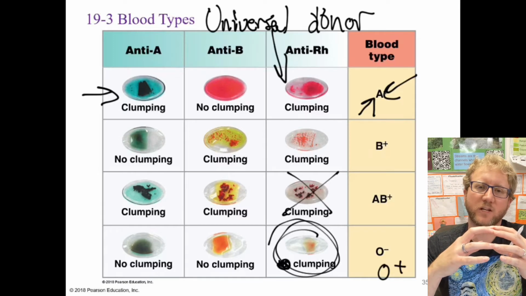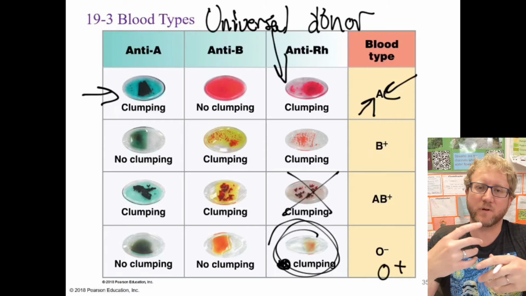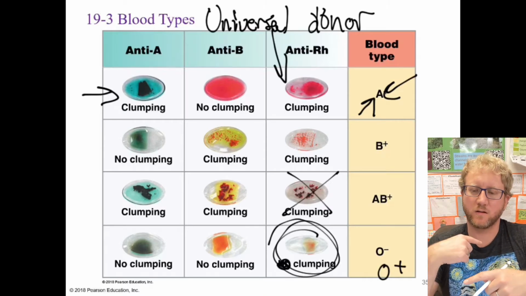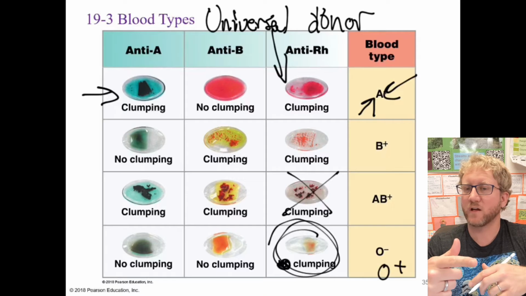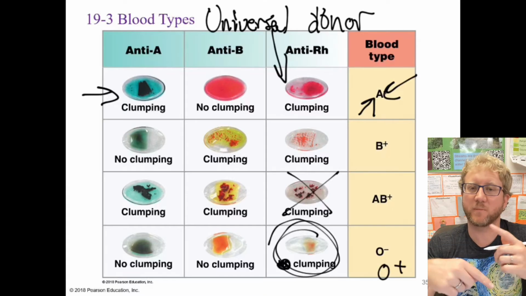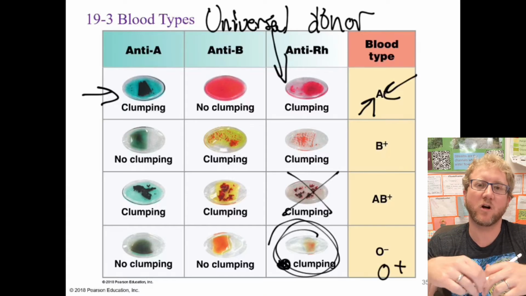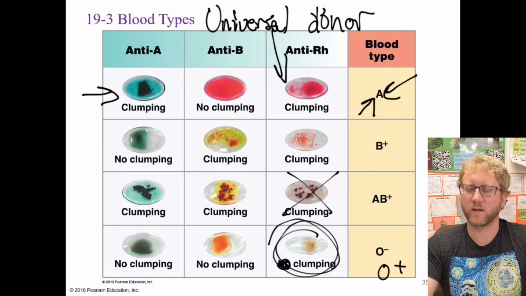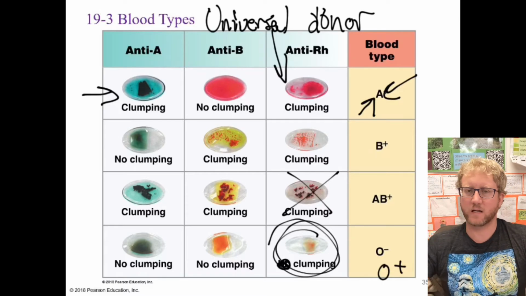So if you are AB, you can receive from everybody, but donating is really tricky. A person who's O negative can only receive from somebody who's O negative because they have all the antibodies looking for everything. So it makes things kind of complicated.